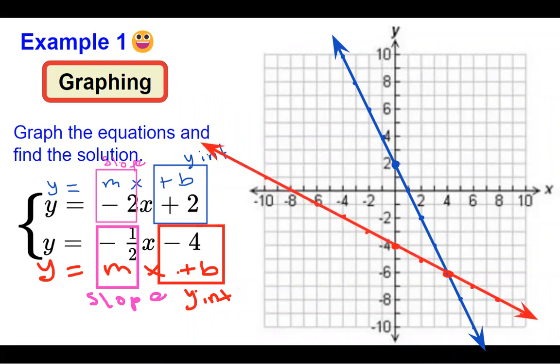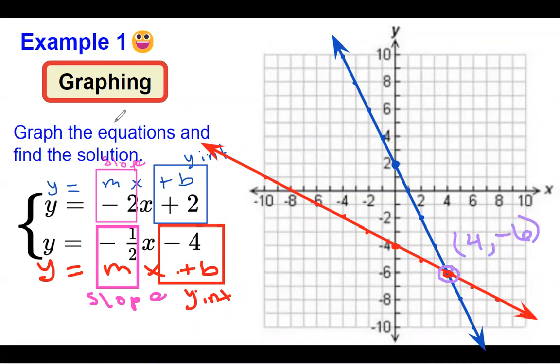And it intersects. Now, solving a system of equations means that we're going to go ahead and identify where these two equations equal each other. Where do they intersect when graphing? What coordinate did my two graphs intersect? We're going to take our x coordinate, 4, and our y coordinate is at -6.